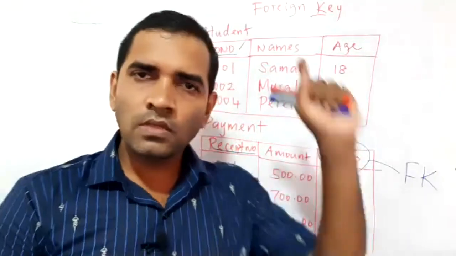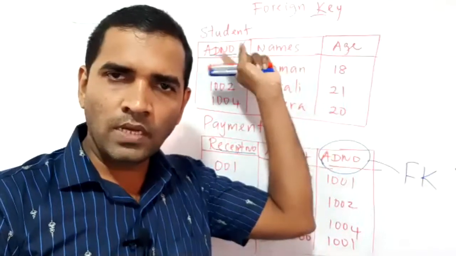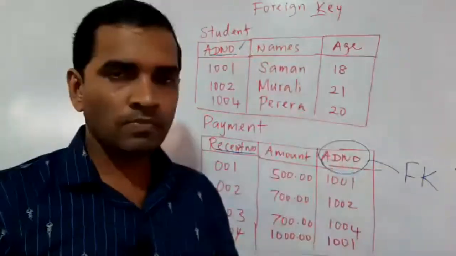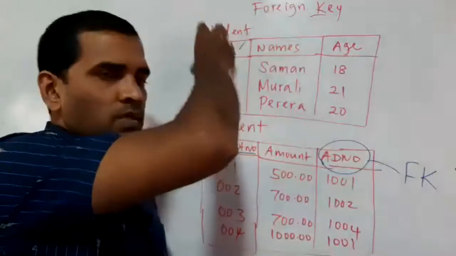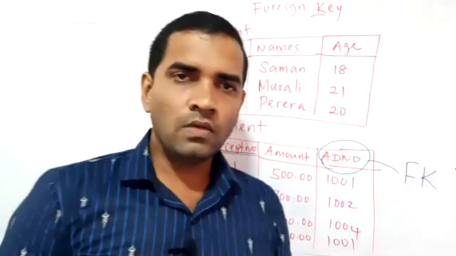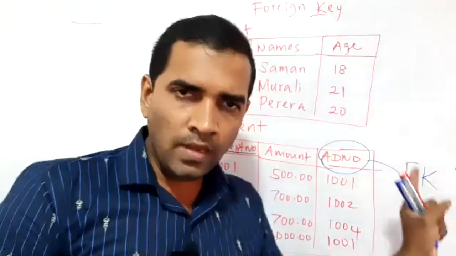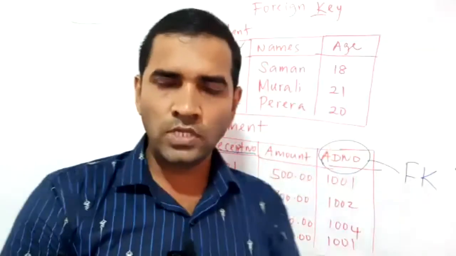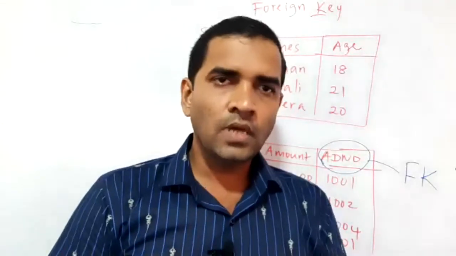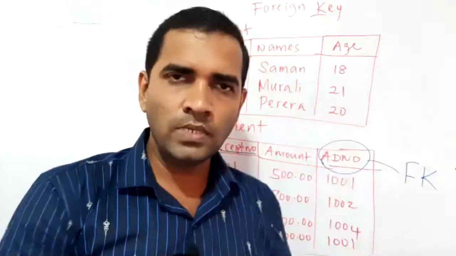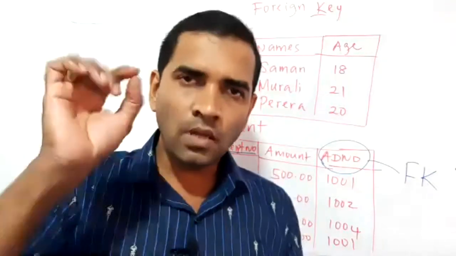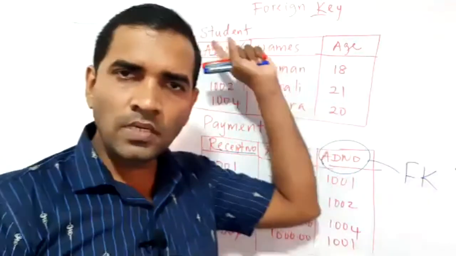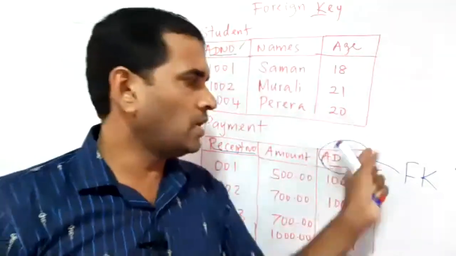So that's the reason why I have added this ADNO here. But this is the original place, right? This is the place where we need ADNO. But I added here additionally because I needed to join these two tables. I tell you the reason later, right? I needed to join these two tables. So I need a common field. So that may be the reason why this field is added here.